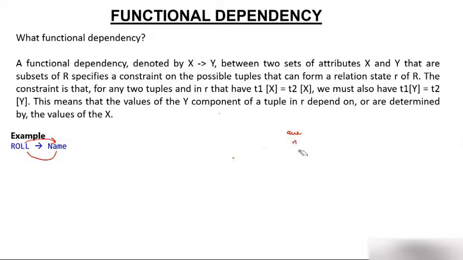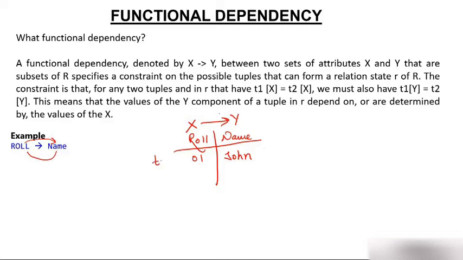So what am I trying to tell you is that, let's see, roll number and name. I said roll number 1 is of John. Suppose this column is X, this column is Y, and I'm saying that X determines Y, or Y is dependent on X. Suppose this is the T1 tuple, meaning row, and this is the T2 row.